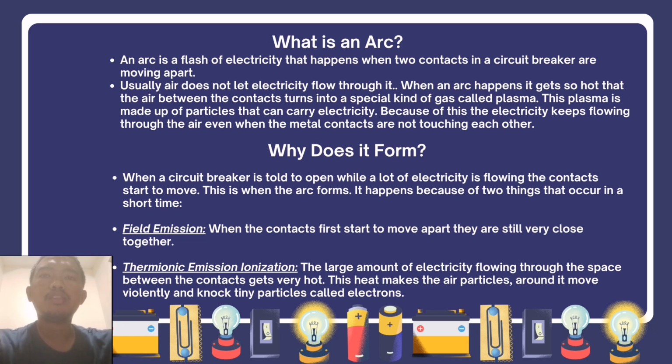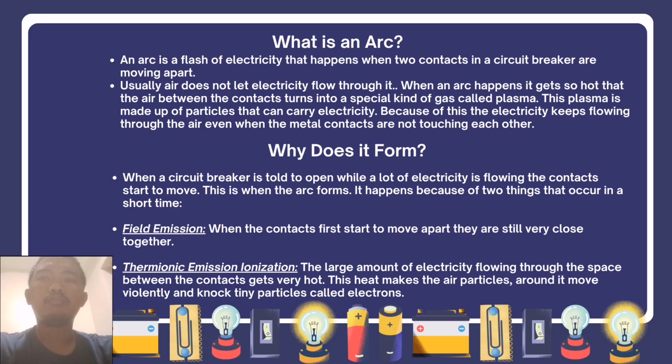This plasma is made up of particles that can carry electricity. Because of this, the electricity keeps flowing through the air even when the metal contacts are not touching each other.